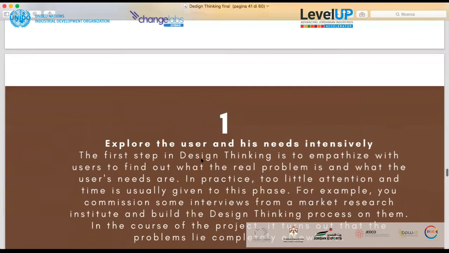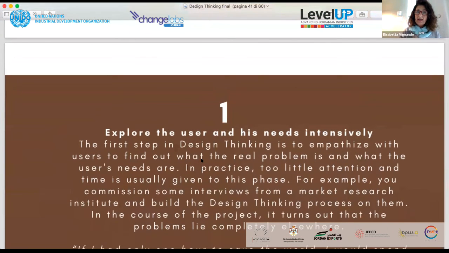Okay, very good. Well, explore the user and their needs intensively. The first step in design thinking is to empathize with the user to find out what the real problem is and what the user's needs are. In practice, too little attention and time is usually given to this step in companies. This is, again, one of the most important points in the design thinking process.